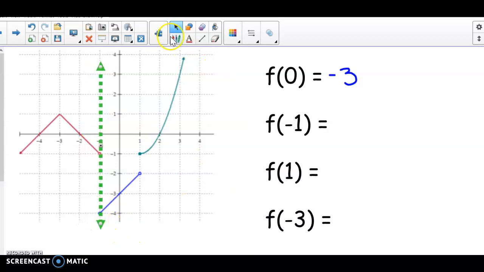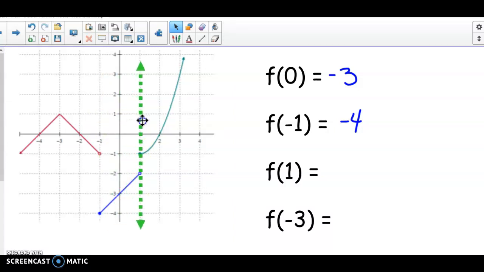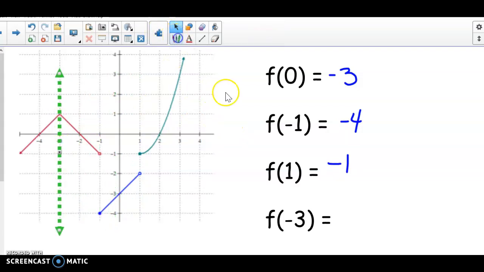So it crosses it at negative 4. If we look at positive 1, again, we have an open circle here, closed circle here. So we're going to look at this top one. So that's a negative 1. And then the last one, if we look at negative 3, we go all the way over here. It crosses our graph at positive 1.